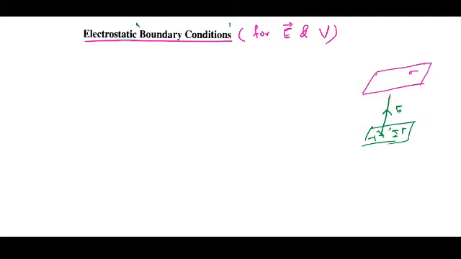Then if you know the boundary conditions, that is, this is a boundary that separates this medium, that is medium 1, and the medium above this charged sheet, that is medium 2.